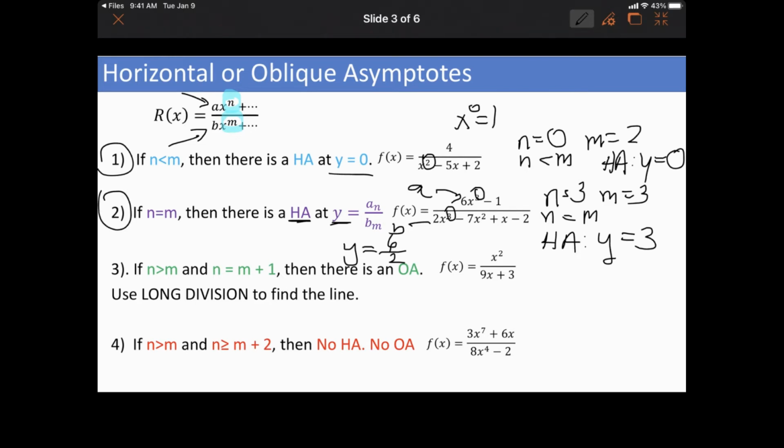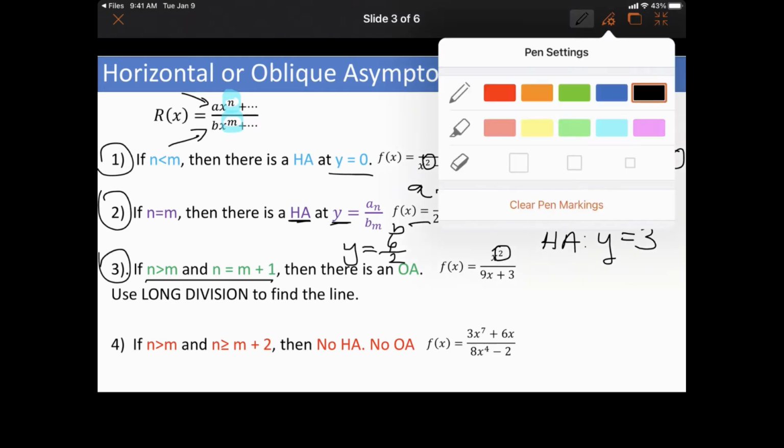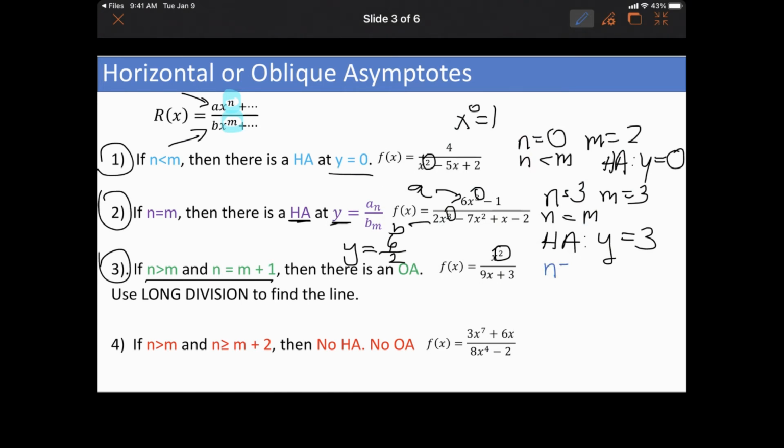Okay. So this one, we have n is greater than m plus 1? So here n is 2, and m is, now this is where the confusion was, like a couple people said this is 0. No, because you can see the x, remember? If I just have a plain x, I know there is an invisible 1 in front, and there is a power of 1 on top, right?